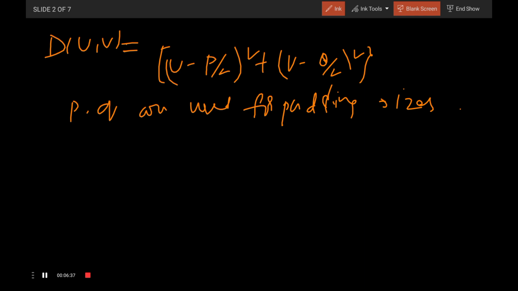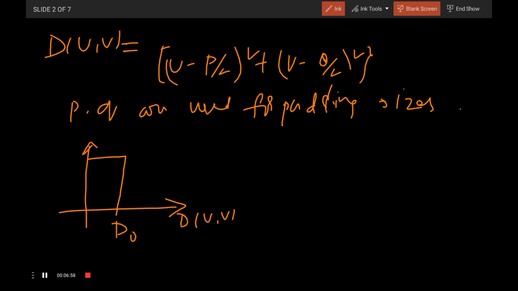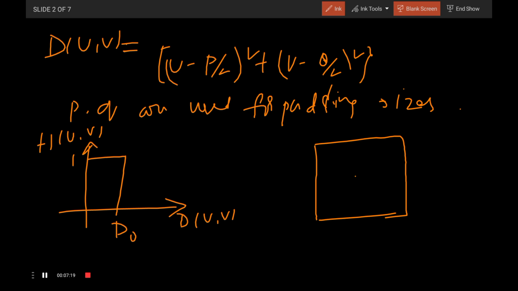From the definition of the ideal low pass filter, it can be represented like this: D naught on the D of u comma v axis, and the amplitude of the transfer function H of u comma v is 1. In terms of images, the image is a rectangular shape and D naught is some positive constant from the center.